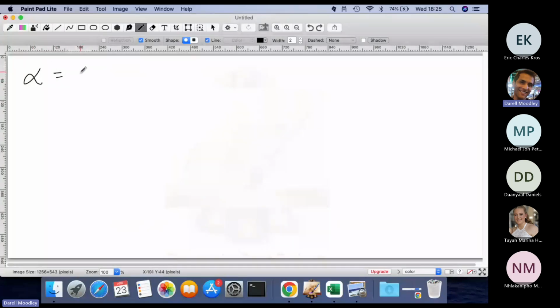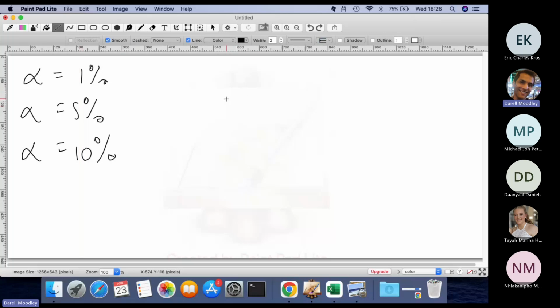Now alpha can be 5%, can be 1%. Let's start with the smallest going to the highest. Alpha can be 1%, alpha can be 5%, and alpha can be 10%. It can take on other values, but these are the most common. Now, what they mean in terms of the problem: let's draw it for alpha is 1%.